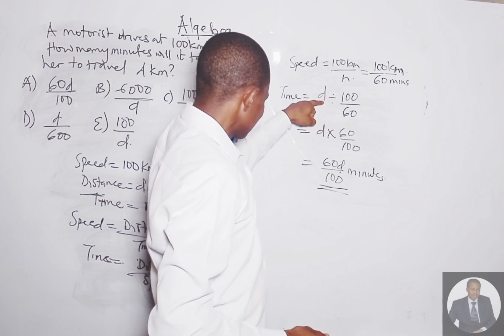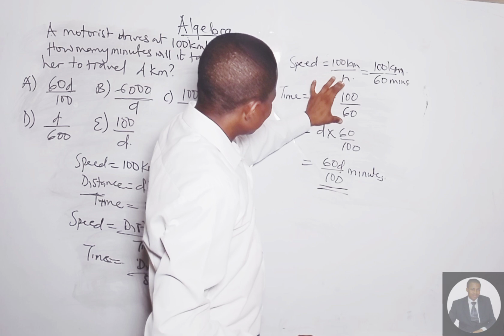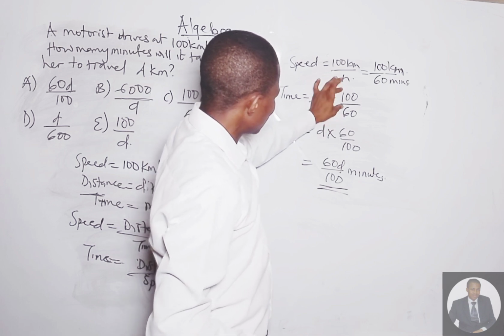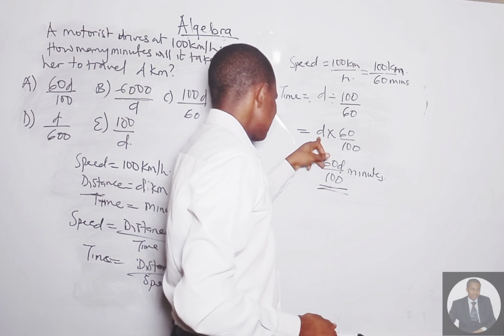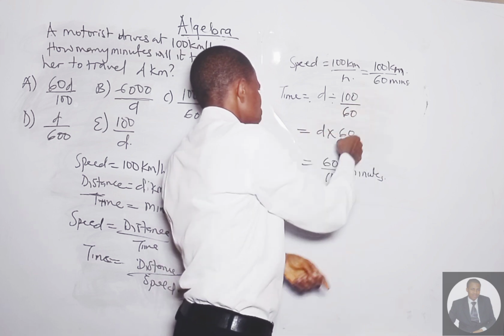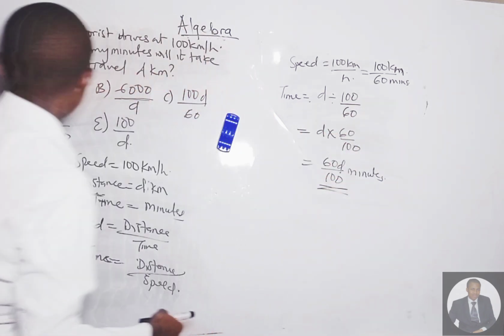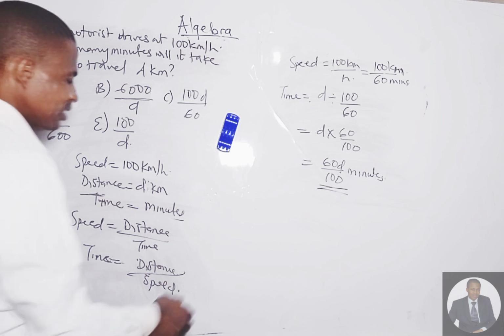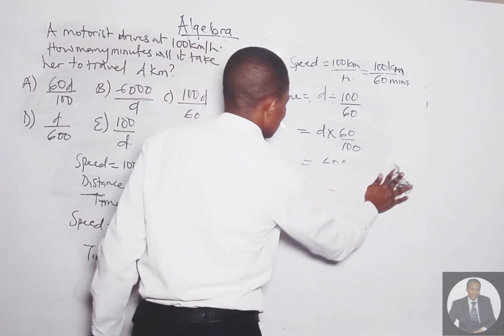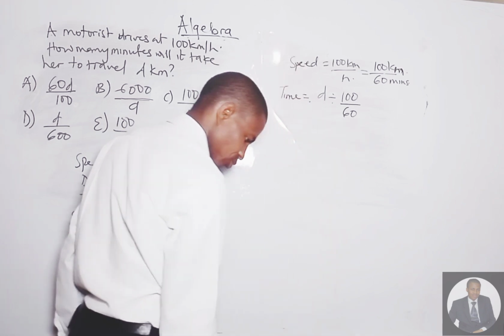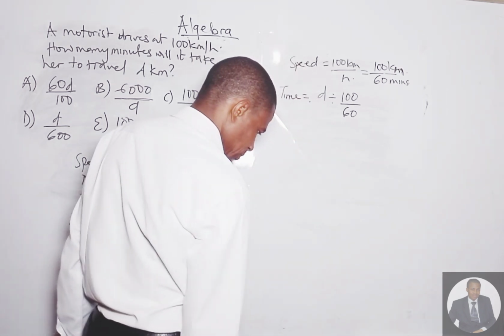That's D divided by speed. What is the speed now? 100 over 60. We'll find the reciprocal, 60 over 100. That's 60D over 100. So this will be our answer for this particular question.